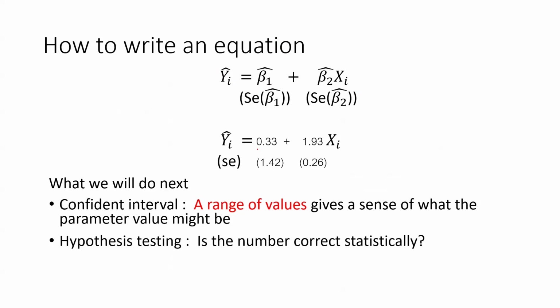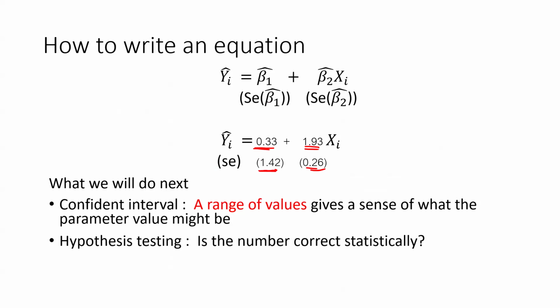So they show what they found in the equation. And then on the second line, they put the standard error under their beta in brackets. This is the style that you should write down in the future.